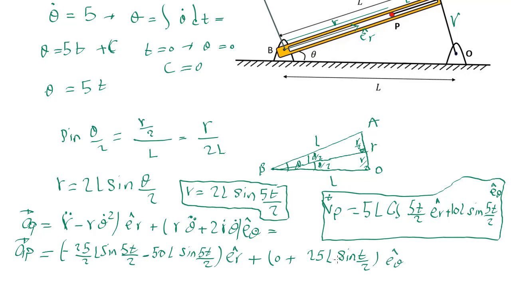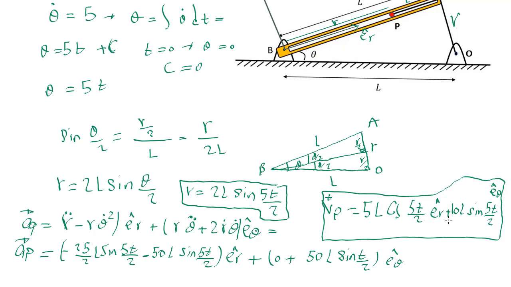Let me check to see if I got this right. So we have 2 R dot theta dot. So theta dot is 5 times 2, that's 10. R dot is 5L, actually, so this is 50 actually. So this is equal to 50L sine t over 2 in the E theta direction.